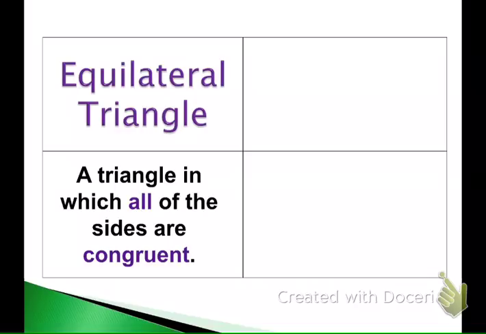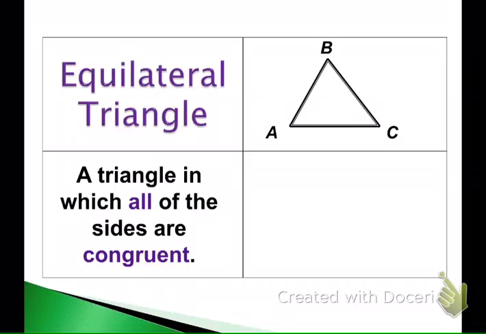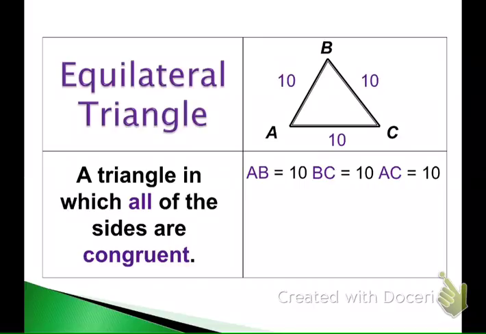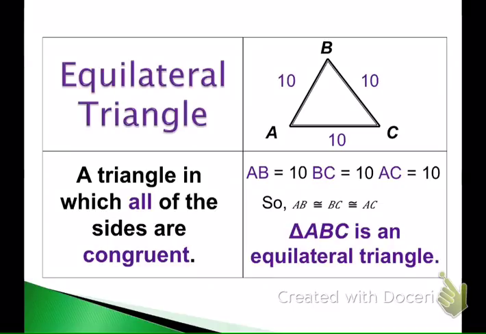So an equilateral triangle is just a special kind of isosceles triangle. An equilateral triangle is still an isosceles, it's just a special kind of isosceles where all 3 are congruent.